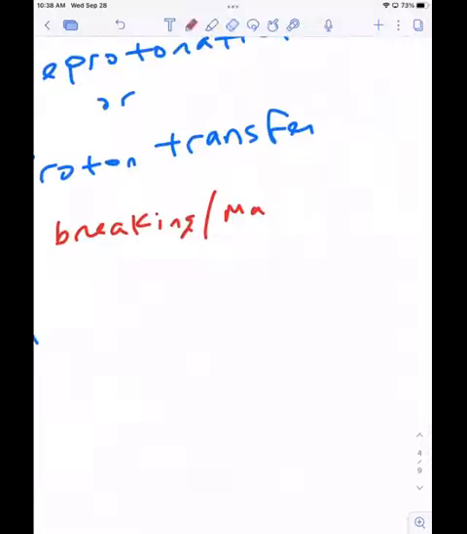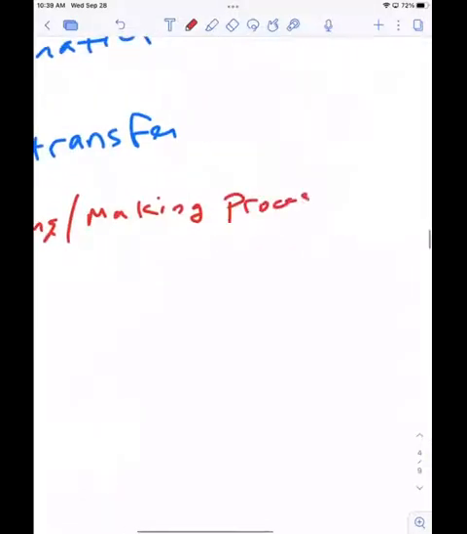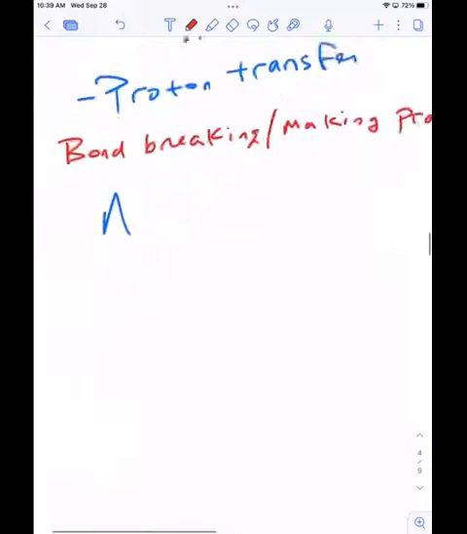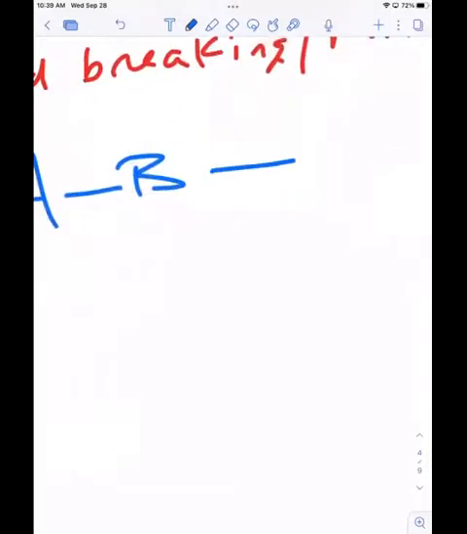You have to be able to know how to break bonds, how to make bonds, how to use arrows, and so on and so forth. We're going to be doing a lot of that. Let's say I have a bond between A and B, and I break it.